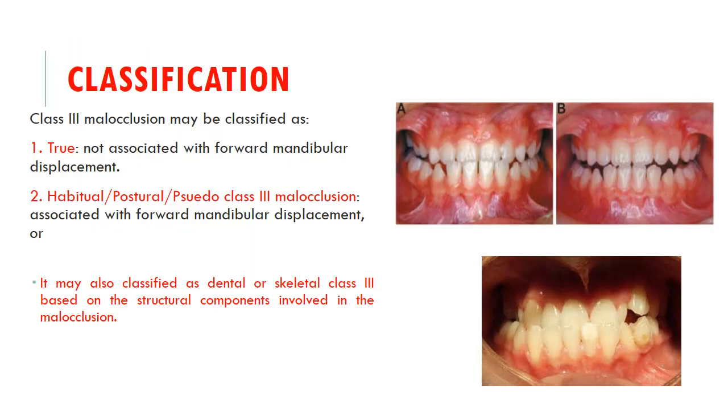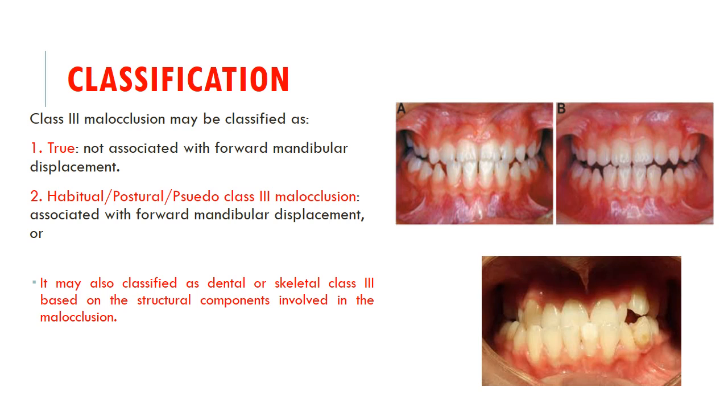For the classification, it can be classified as true or habitual based on the presence of a functional shift in the mandible or not. A true Class III is not associated with any forward mandibular displacement, whether dental or skeletal.